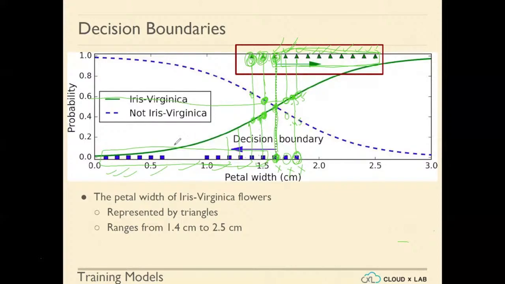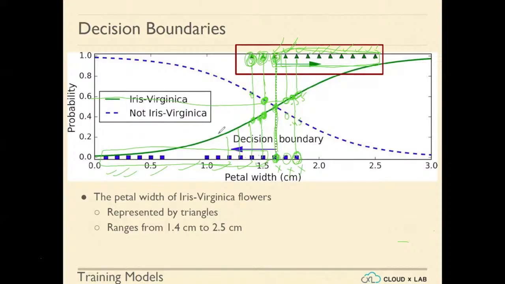So let's say if you only use the dark green line, then the prediction rule is very simple. This dark green line is for the virgin ka class, which means if the probability is greater than 0.5, it means virgin ka class. If the probability is less than 0.5, it means not virgin ka class, right?